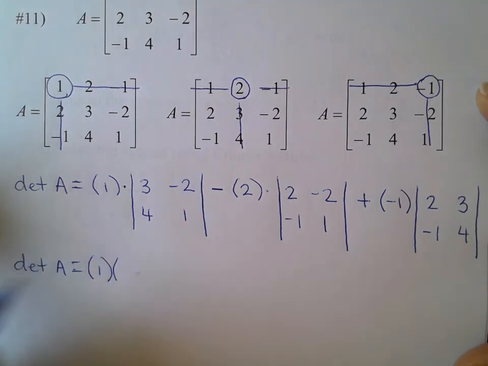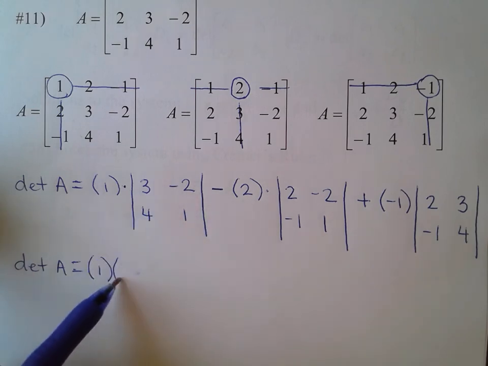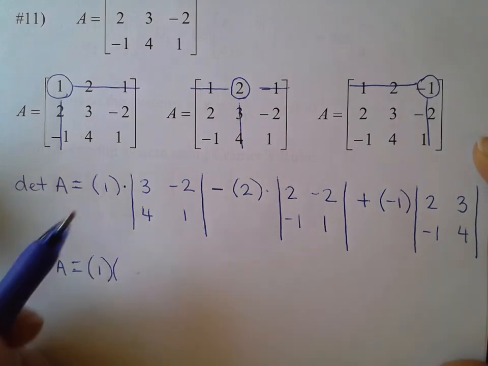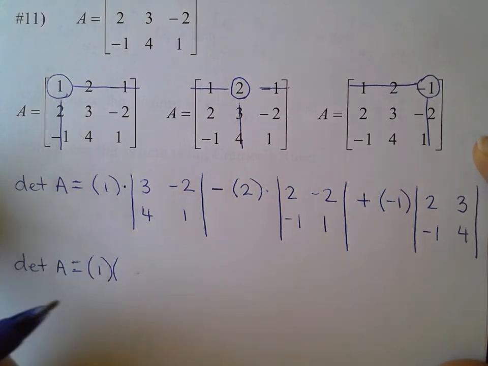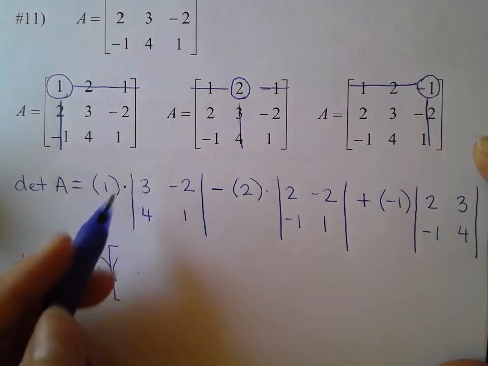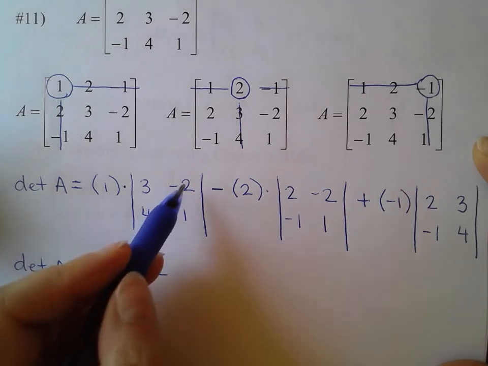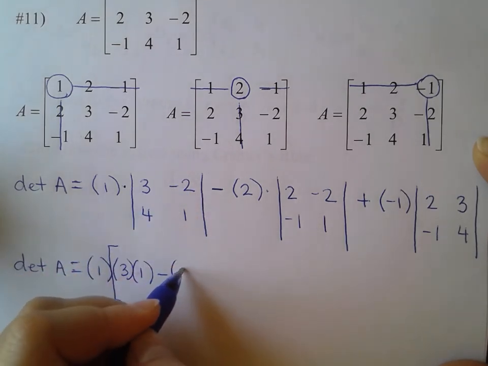Again, this is one of those things that I would do the determinant in my head and write down one number here, but I'm going to write it out so that you can see it. Okay, so let's do this. All right, so this will be 3 times 1 minus -2 times 4.